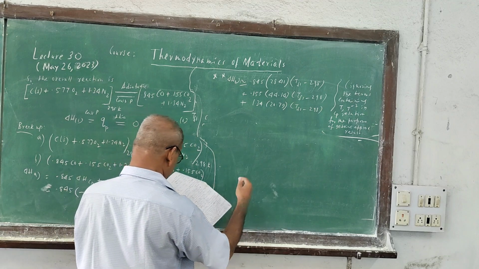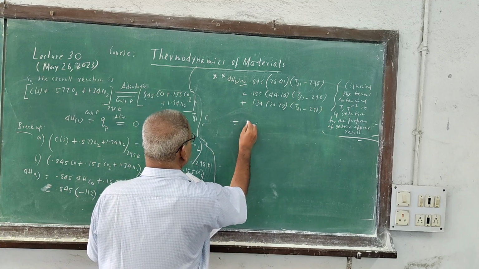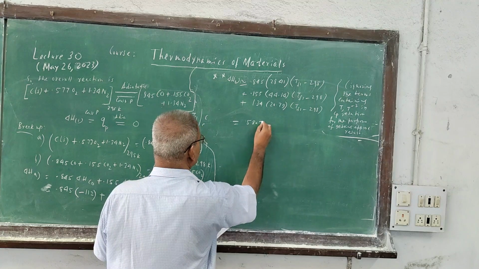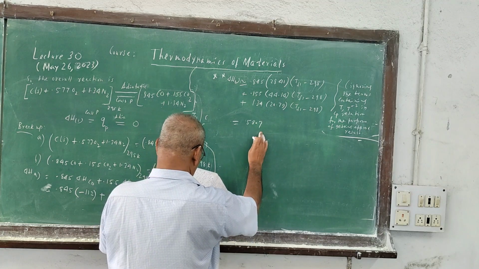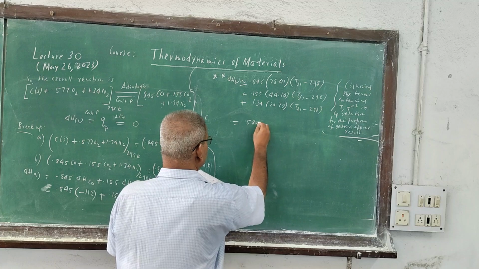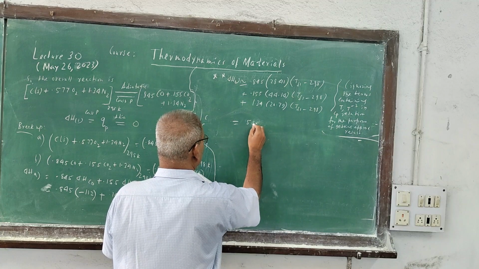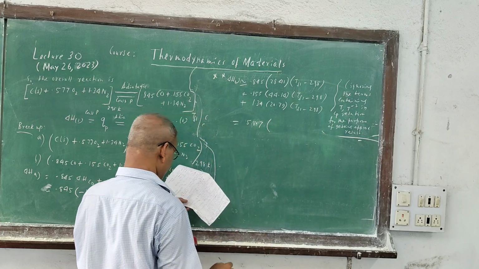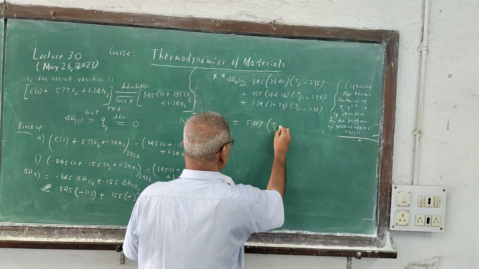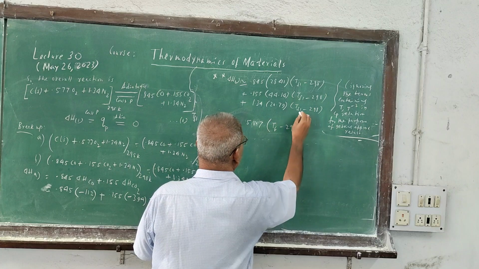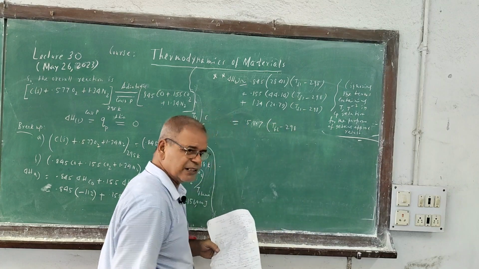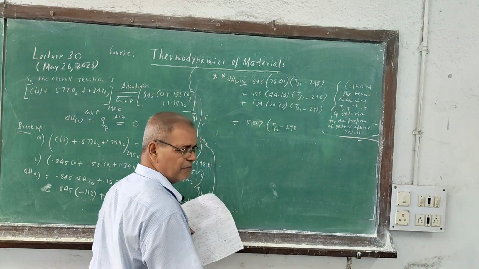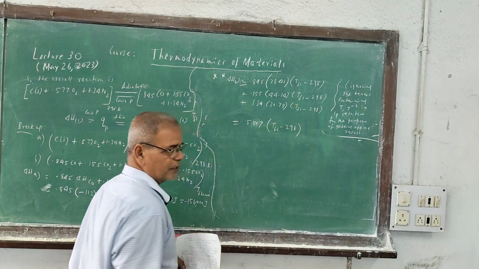This will be roughly 58.7 times (T_flame minus 298), where T_flame is the flame temperature.